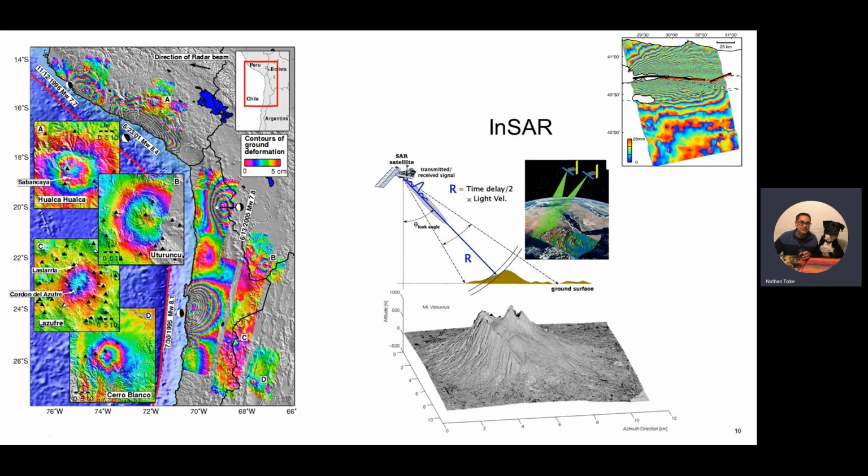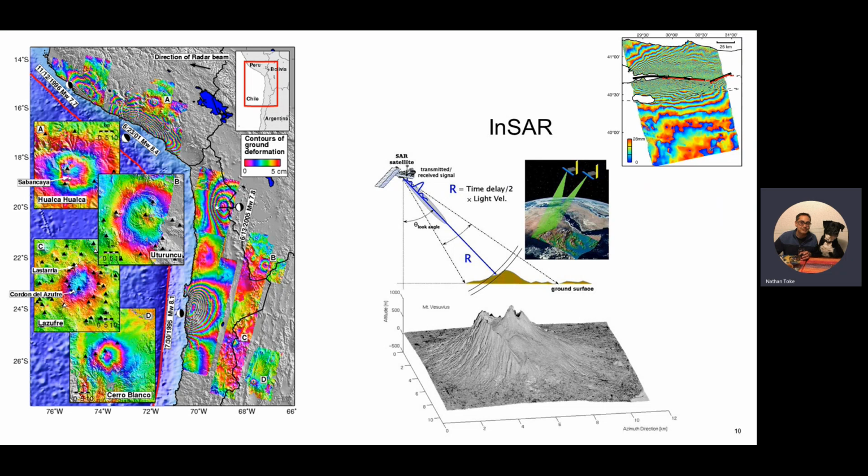Active sensors such as InSAR can be really useful. InSAR is interferometric synthetic aperture radar. It flies over the Earth, beaming down a signal, and measures the time for the signal to reflect back.